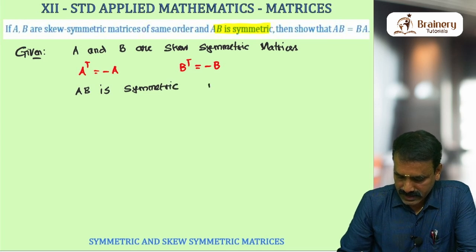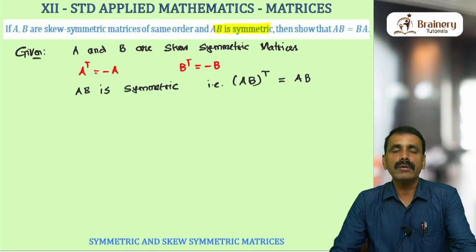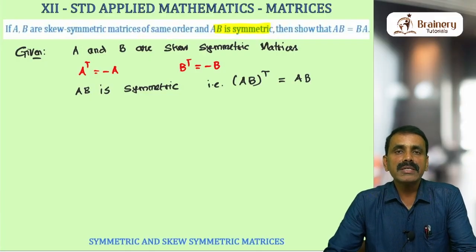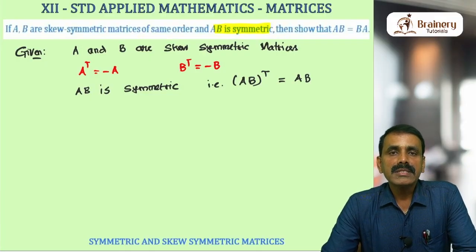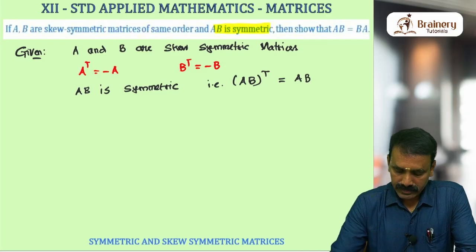That is, AB whole transpose is equal to AB itself. We are not supposed to put a minus symbol, because it is a symmetric matrix. If it is a symmetric matrix, AB whole transpose will be equal to AB itself. No change.